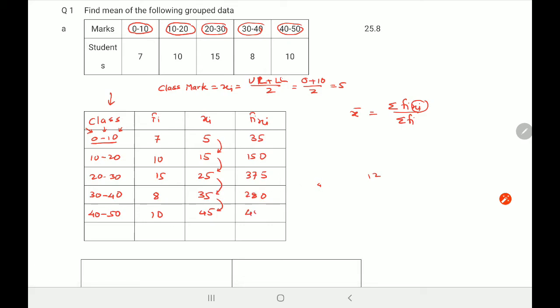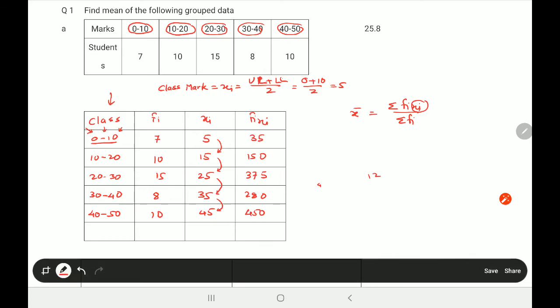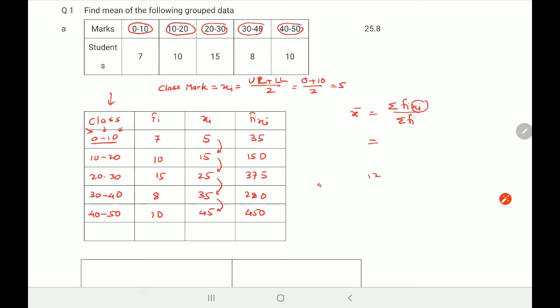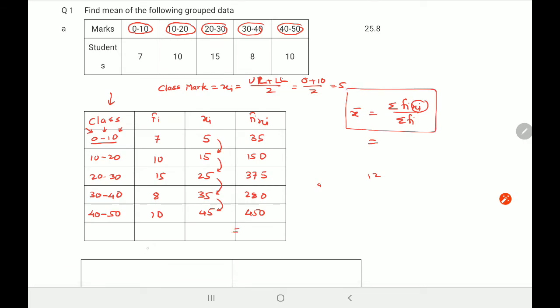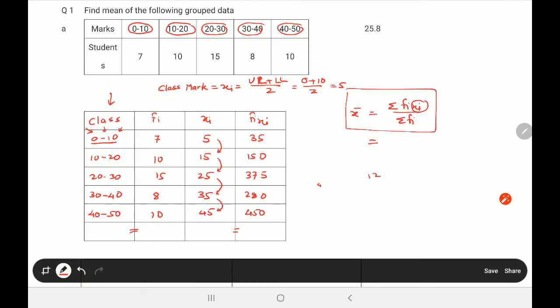You can also try with me. Okay, so I need summation fi xi, which is a formula. I hope you remember that. So summation fi xi in the sense of addition of this, and summation fi means addition of this. I'll go for summation fi. Simple है, हो गया अभी. That's it. ये बहुत ही simple है, isn't it?